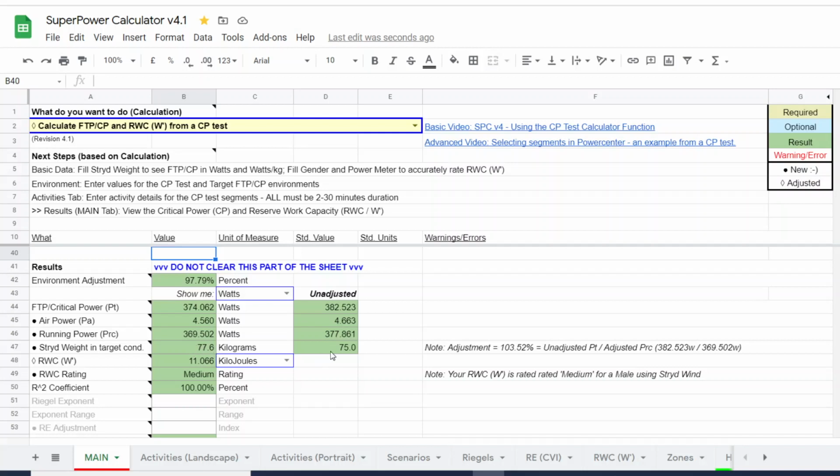And so this runner would run at 75 kilograms outside and use the 382.5, or call it 383 watts. That would be their outside FTP CP from which the base power targets, with a 75 kilogram weight setting.